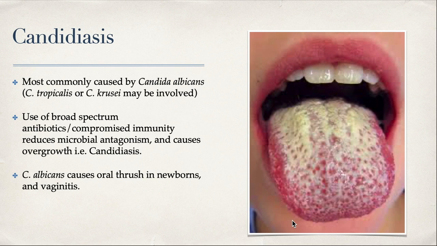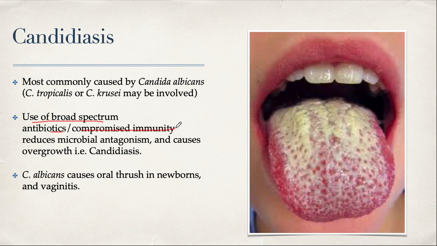You also have a more common one, candidiasis, which results after the use of a broad-spectrum antibiotic or in immunocompromised individuals, where the immune resistance is reduced and there isn't much microbial antagonism because the normal microbiota have been eradicated by the broad-spectrum antibiotic.